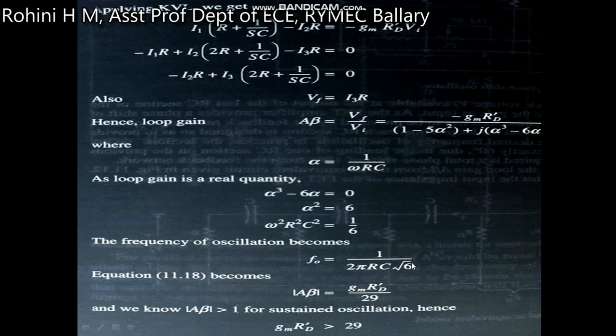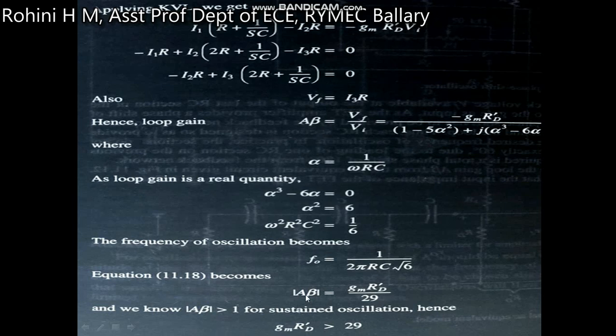If we want the frequency in hertz, the 2 pi term gets added. Therefore the oscillation frequency is F naught equal to 1 divided by 2 pi RC root of 6.